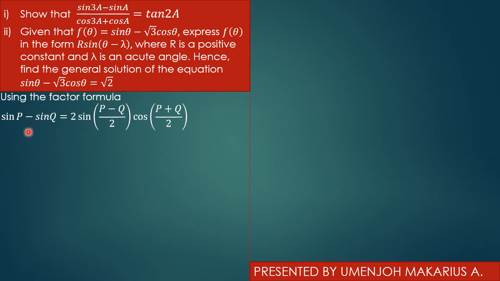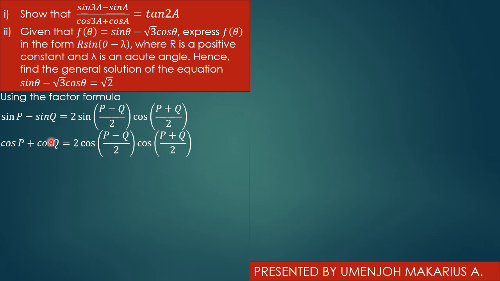Then, since we have cosine of an angle plus cosine of another angle, we are also going to use the form which says cos P plus cos Q is the same as 2 cos((P minus Q) over 2) cos((P plus Q) over 2.